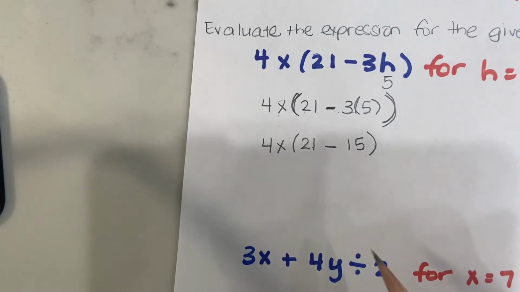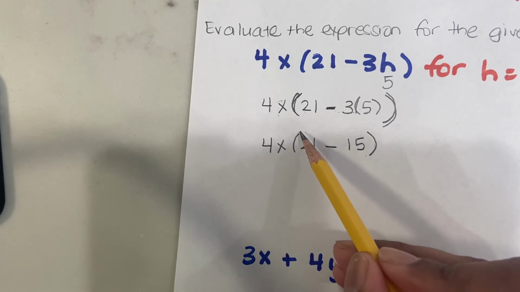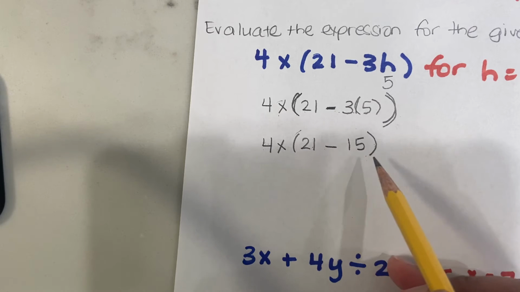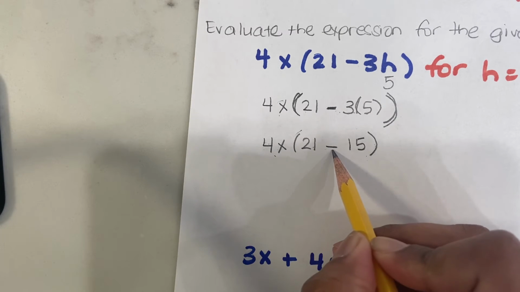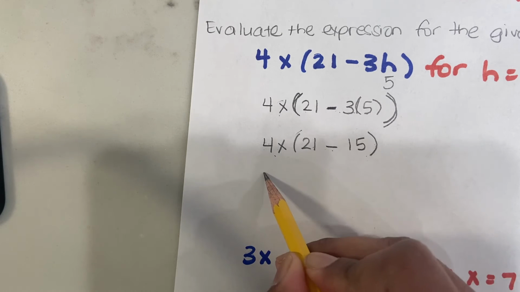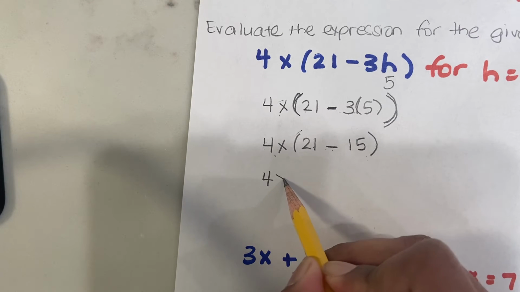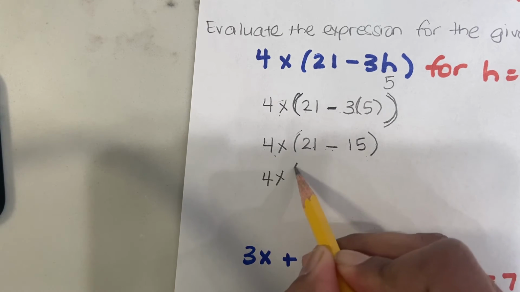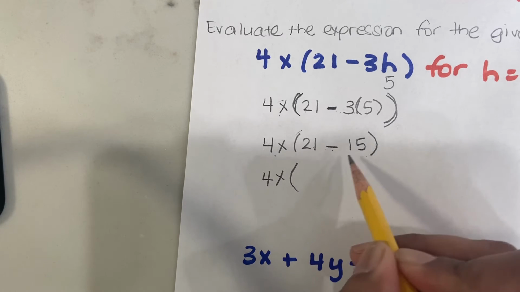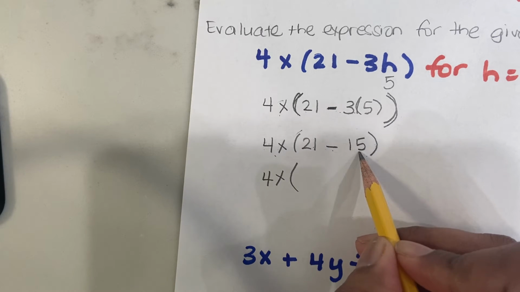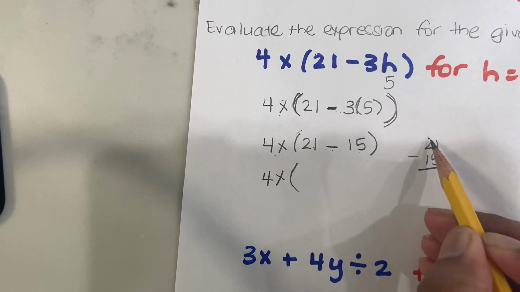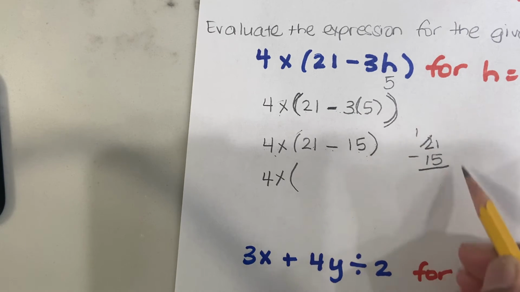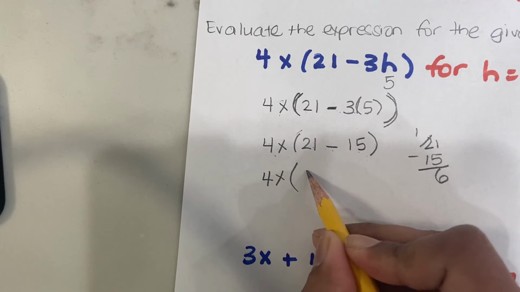All right, great. So the first thing I see here is parentheses. I want to do what's in the parentheses first, not multiplication, not subtraction, parentheses. So that means that I'm going to write it over 4 times, and I'm going to do what's in the parentheses. 21 minus 15 gives me 6.